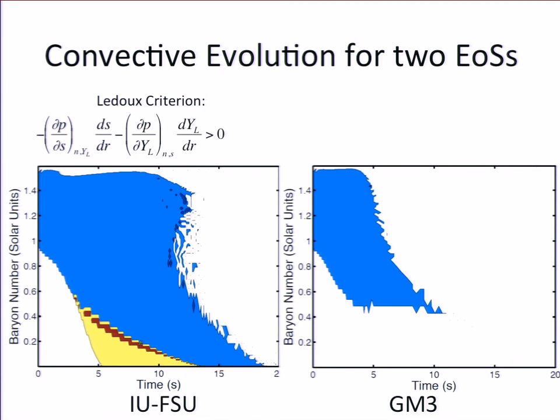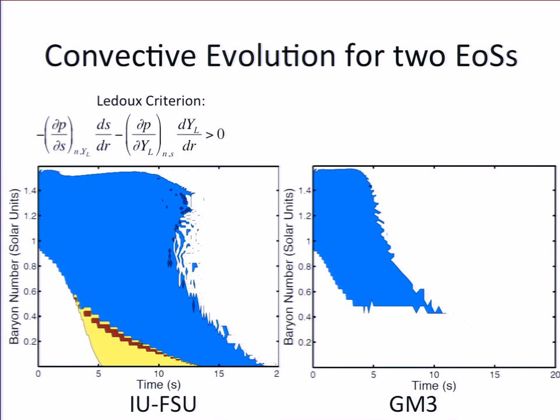As time proceeds, convection digs into the core and moves along, and then eventually the outer regions are almost always convectively unstable. But then eventually convection shuts off in the outer layers and then deeper into the star. And you can see there's very different behavior of convection in these two models, between GM3 and IUFSU. Here it doesn't proceed all the way into the core, and maybe the more interesting thing is that it shuts off at an earlier time.